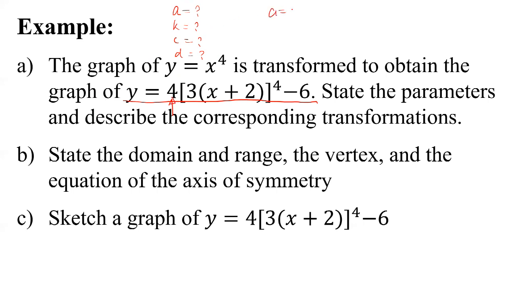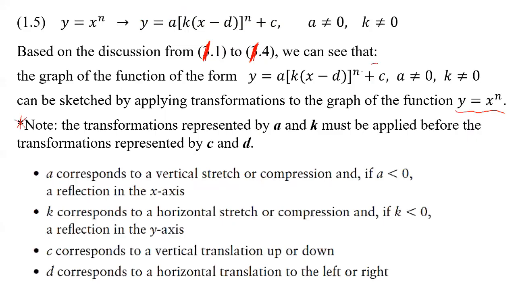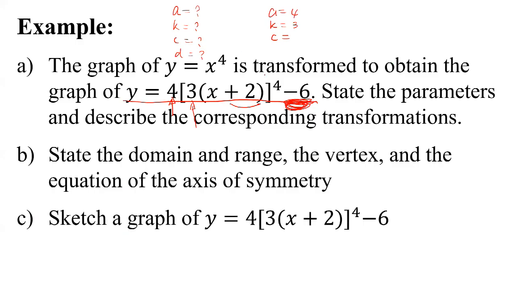So a is 4, and this is k. K is 3. And here is our parameter c, right? Remember that in our previous statement, the parameter is plus c. So as you can see here, it's just plus minus 6. So c is minus 6, right?